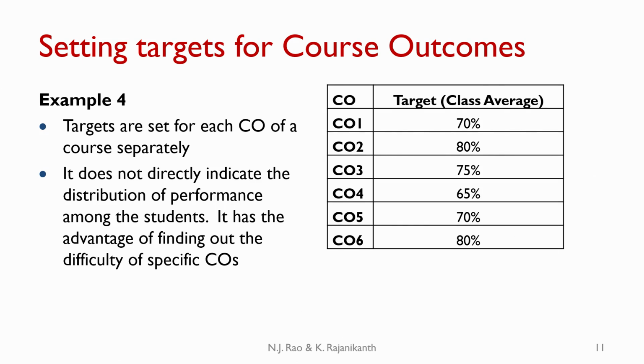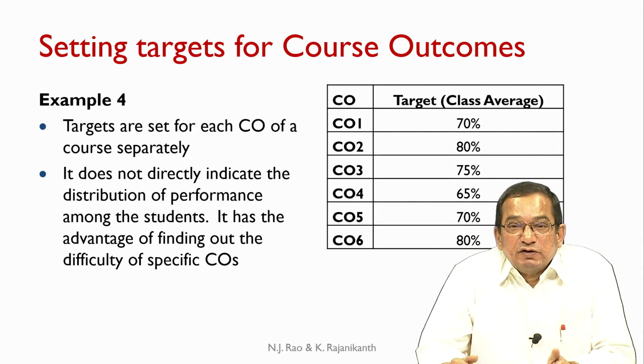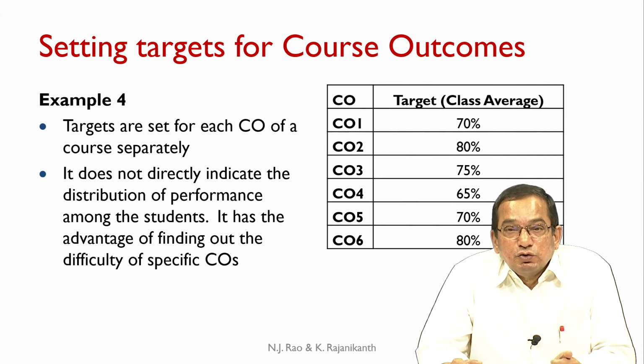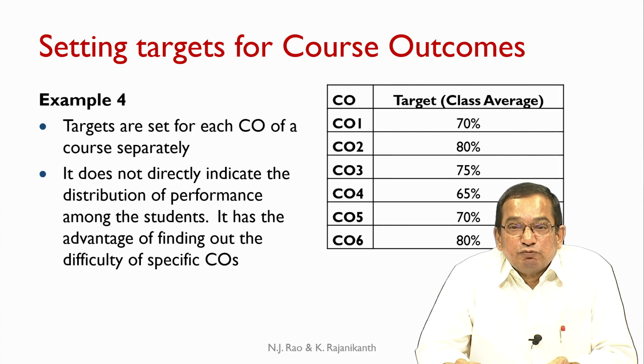Yet another way of setting the targets for the course outcomes can be that the targets are set for each CO of a course separately. For example, the class average is the target set, and CO1 it is 70%, CO2 80%, CO3 75%, CO4 65%, CO5 70%, CO6 80%.